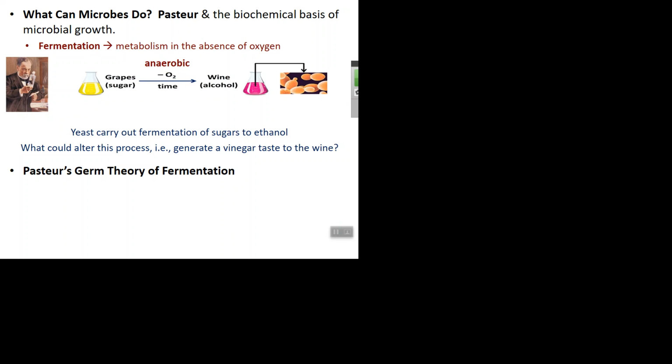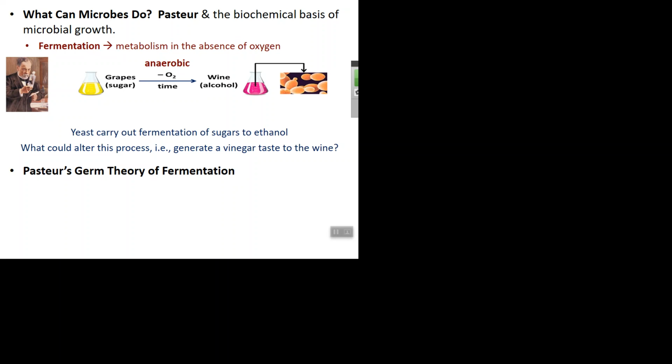He's the one that figured that out, among other contributions. But even though he's a chemist, he was famous for the stuff he did in microbiology. And among those was really figuring out the metabolic capabilities of microbes. Okay, we'll make our way back to spontaneous generation here in a second.